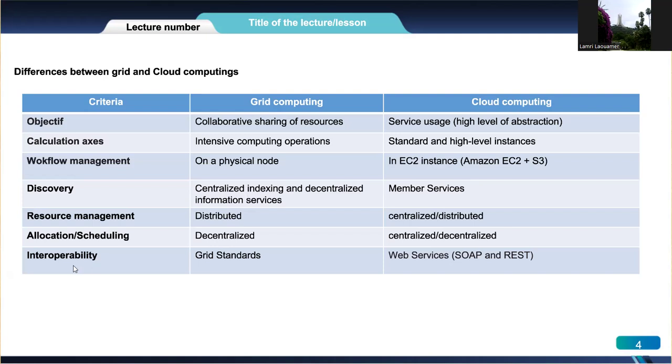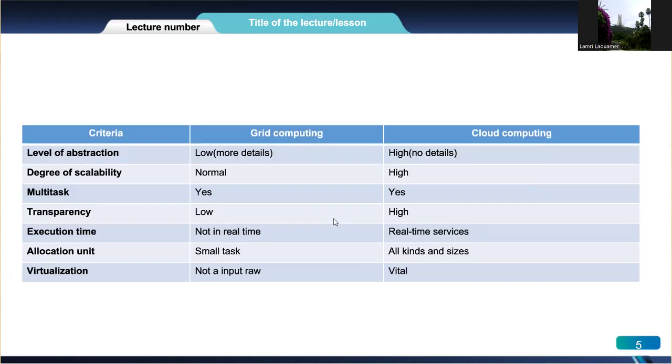For the interoperability criteria, grid computing is based on grid standards, but cloud computing is based on web services, such as SOAP and REST.